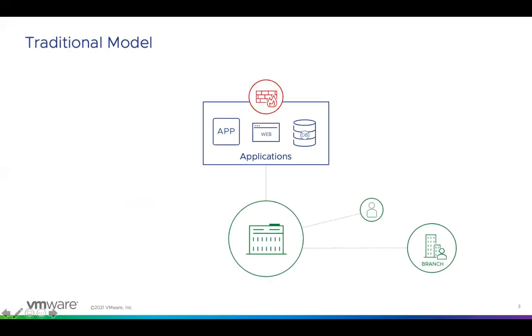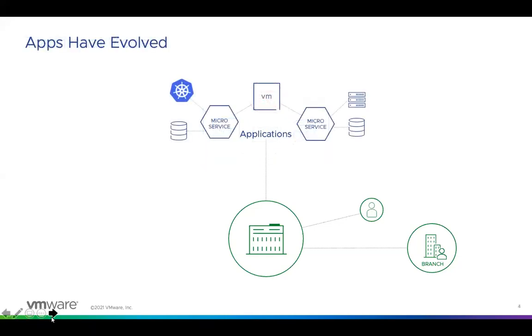Now, I think all of you are very familiar with the old world where you have 3-tier applications, right? Secured by a perimeter firewall, usually deployed in the data center, maybe accessed by users from the branch. A fairly simple and straightforward model. Today's app is very different, right?